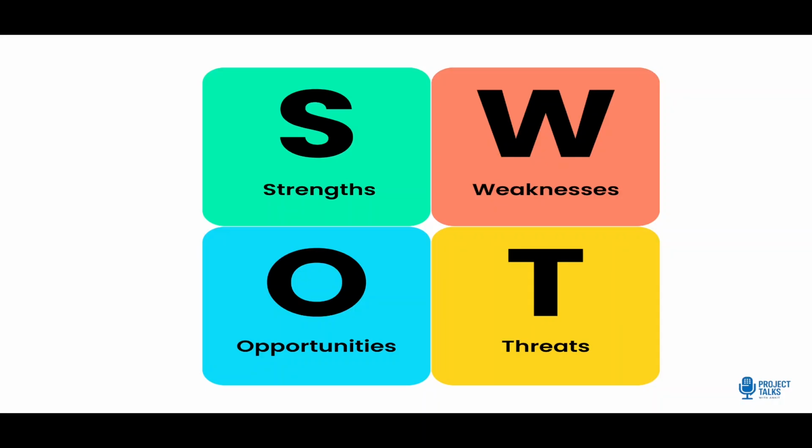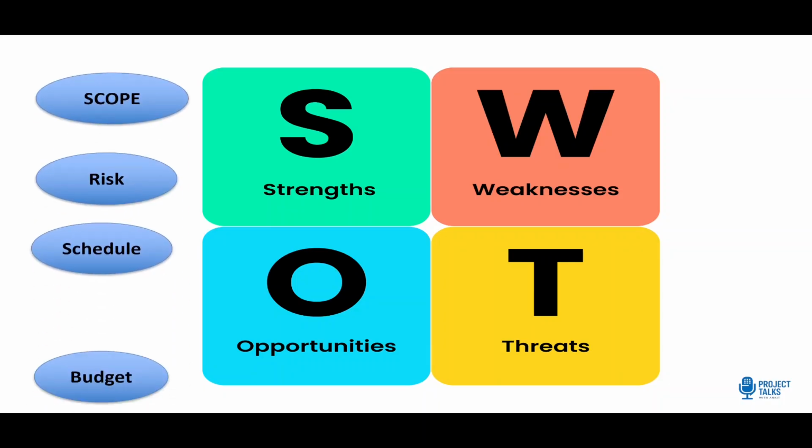Now remember, strengths and weaknesses are about what's happening inside the project, while opportunities and threats come from the outside world. The real value comes when you connect these quadrants with scope, risk, schedule, and budget.